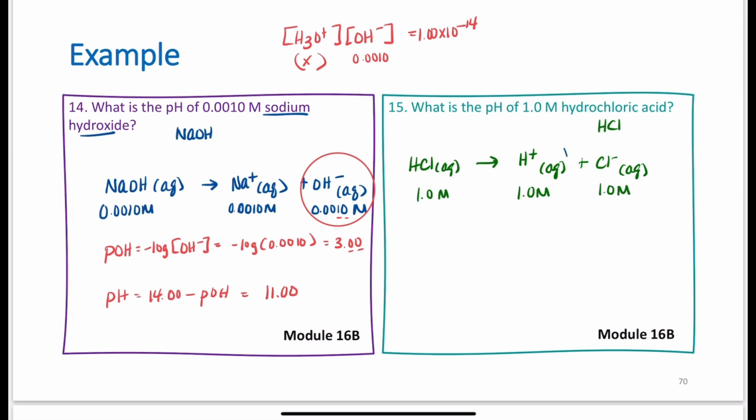But again, the chloride is a spectator. I only care about the H plus here. So my pH is equal to the negative log of 1.0. And the log of 1 is 0, so the negative log of 1 is still 0. My pH is 0.00. 2 sig figs, so put those 2 zeros there.